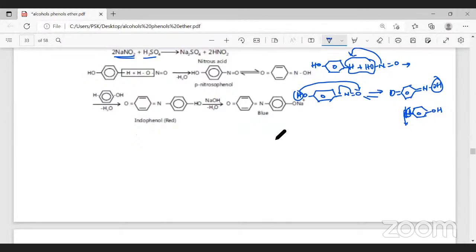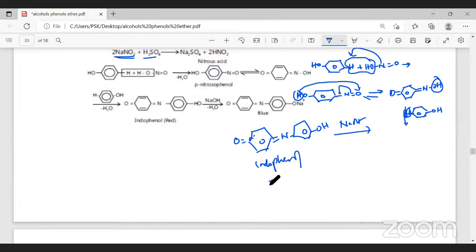The product we get is O double bond benzene ring, double bond N. This OH and H is eliminated. So you get a single bond, a benzene ring, and you get OH. This, when it's allowed to react with sodium hydroxide, this is called as indophenol. This indophenol is red in color.